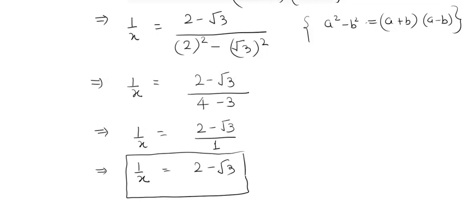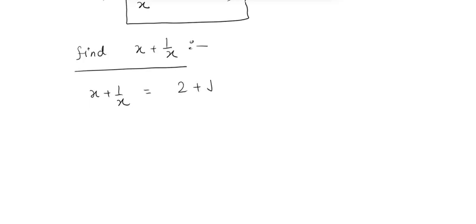Now finding x plus 1 by x. So x plus 1 by x is equal to 2 plus square root 3 plus 2 minus square root 3.